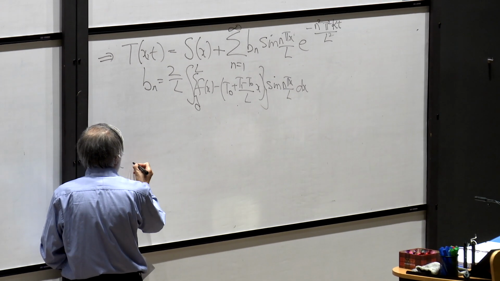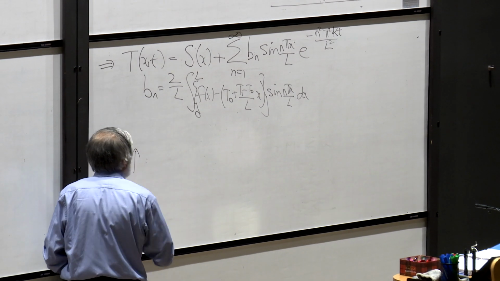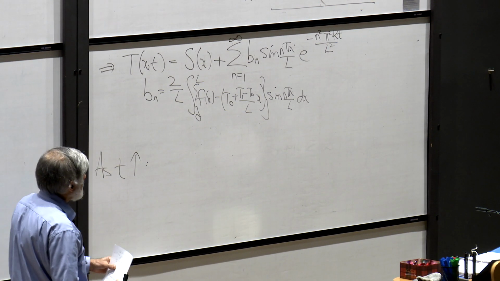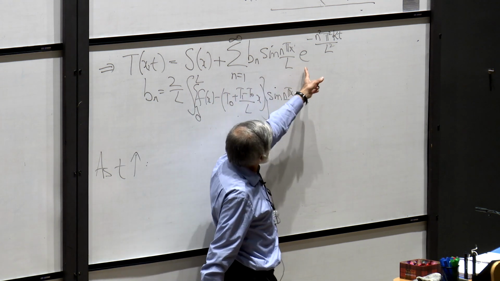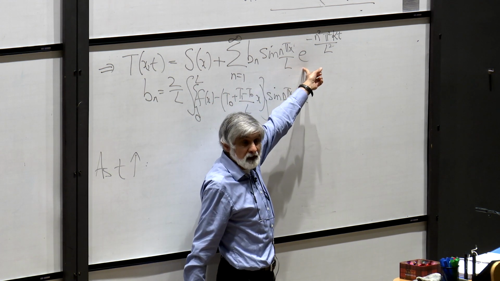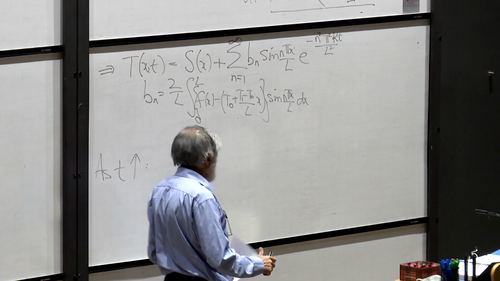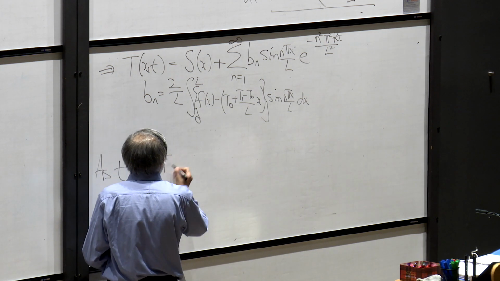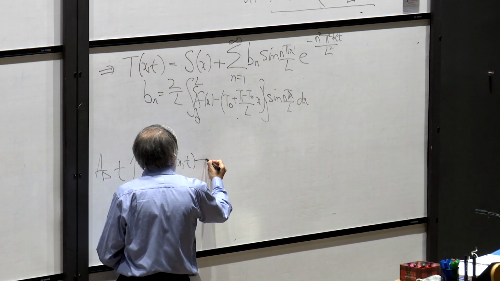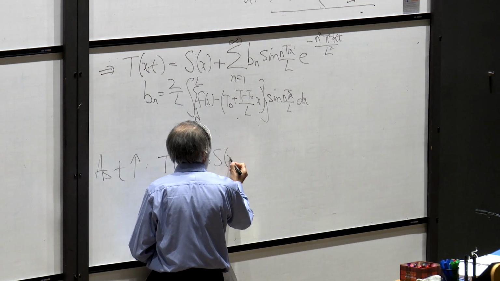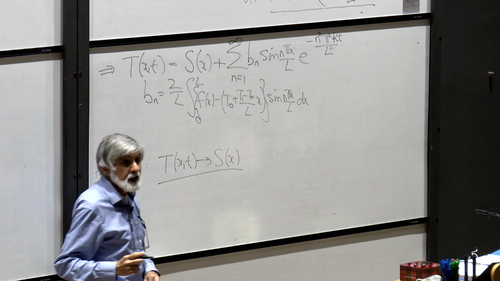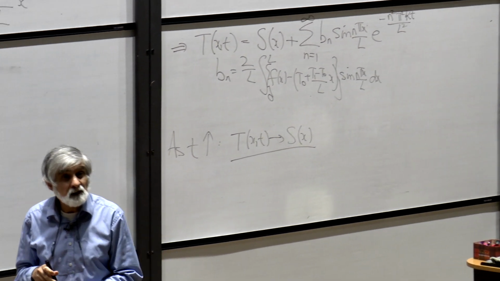As little t increases, this term here will go to 0. So in fact, T of x,t will tend to S of x. It will tend to the steady state.